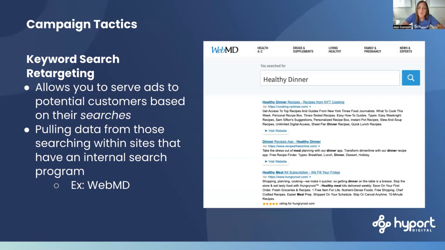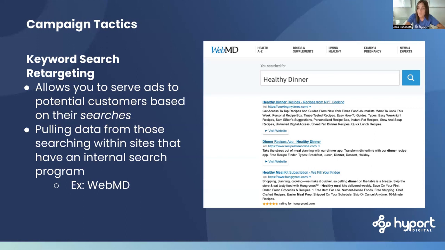So let's say that you compile a list of keywords and phrases related to your industry. You're coming up with hundreds and hundreds of thousands of keywords that somebody could potentially be searching that would be your target audience. If your target audience is searching for those keywords or phrases on these sites that have these search engines, then they quickly become somebody that is a potential candidate to have your ads served to.